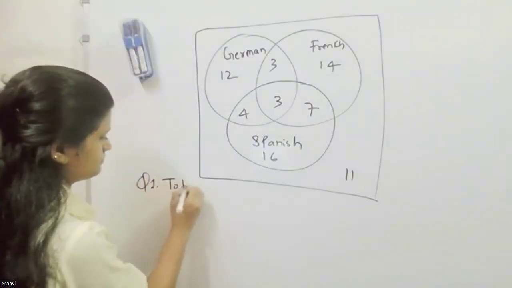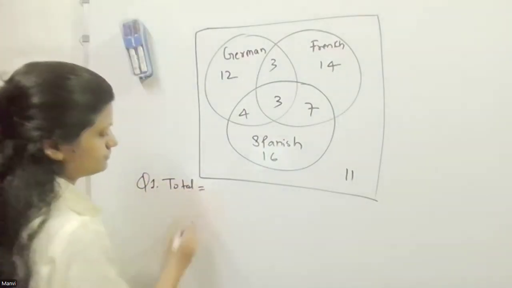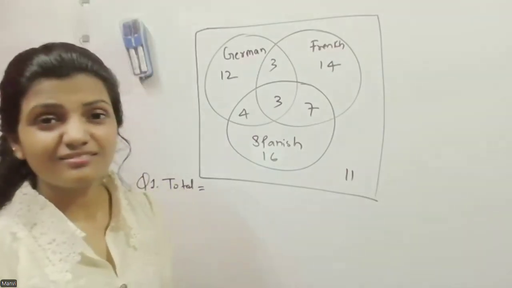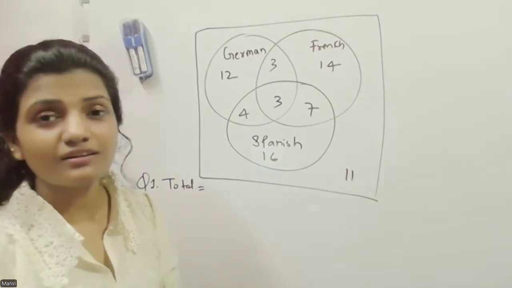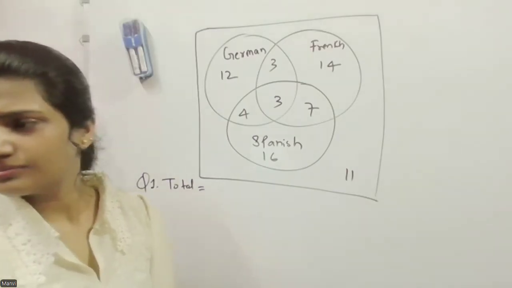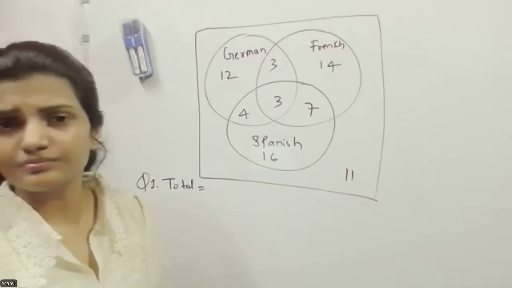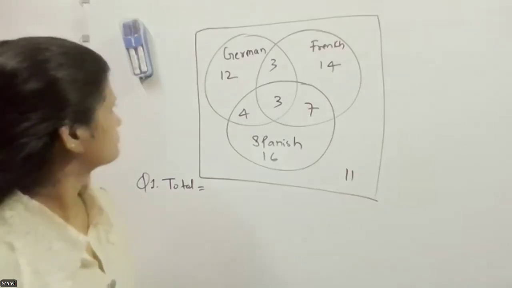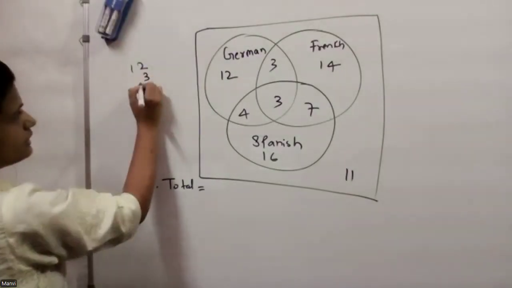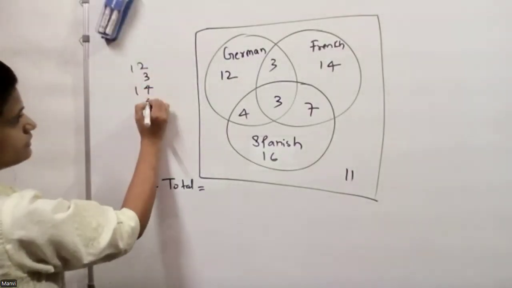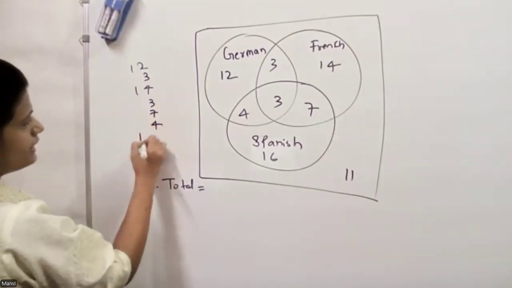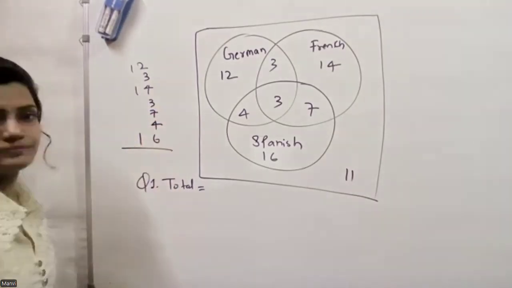I think 69. This 12, 3, 14, 3, 7, 4, and 16, right?